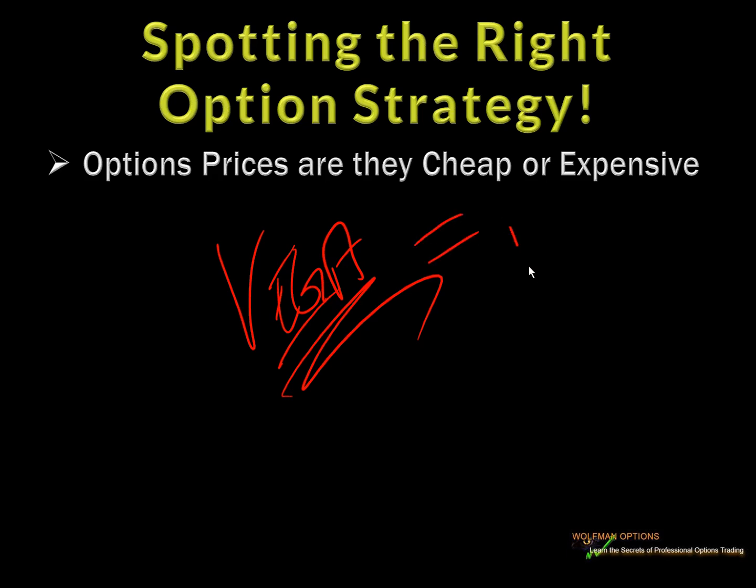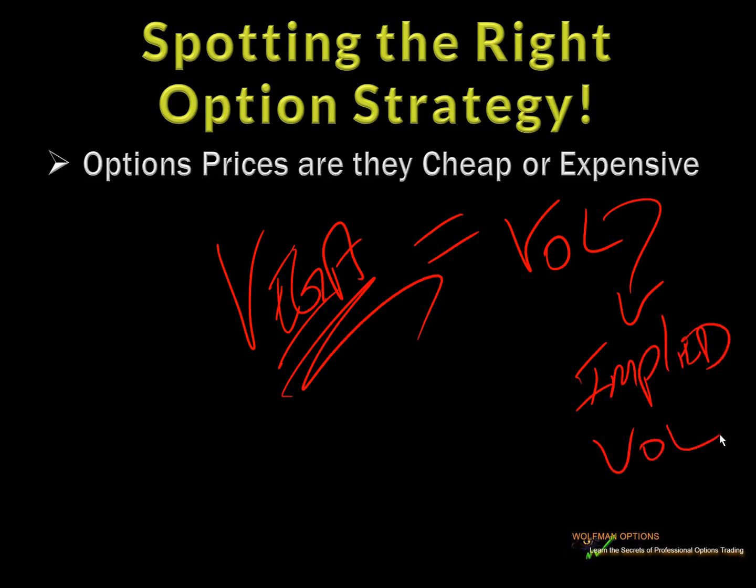Vega is volatility, and what we're looking for is implied volatility. So Vega is really just implied volatility.